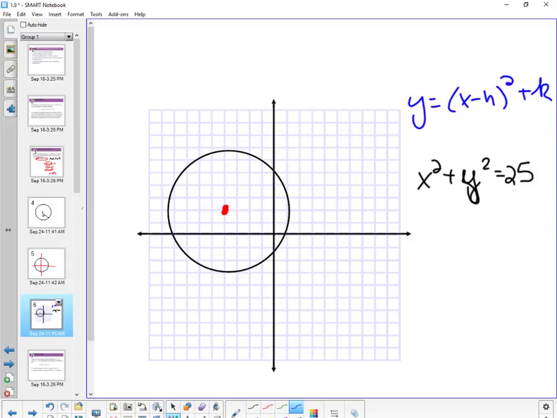For our formula for circles, it's going to be x minus h squared, but because we have y on the same side, it's going to be plus y minus k squared is equal to r squared. So here's your generic formula for any circle. Now, let's make our formula for that one we just moved or transformed.